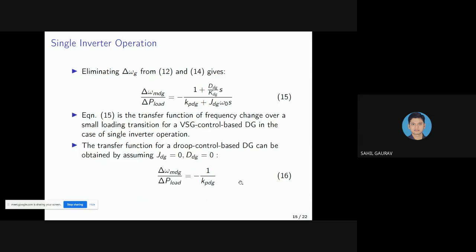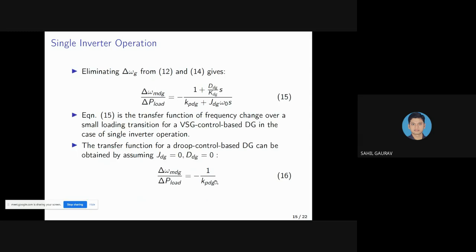So here one thing we have to recap: for a steady state of a transfer function, we take the limit s tends to 0. So the steady state response of the VSG control mechanism gives the same expression as the droop controller.